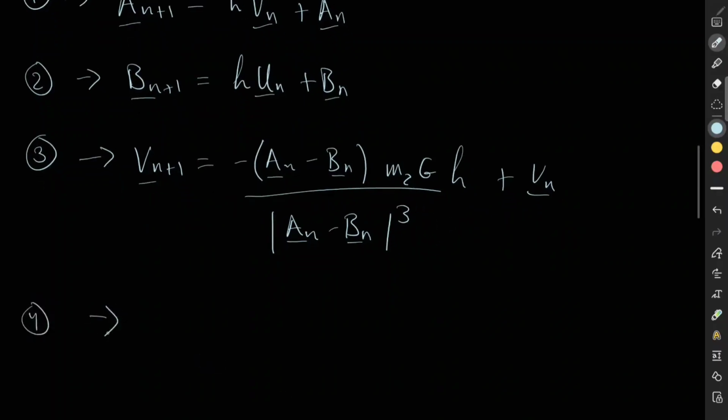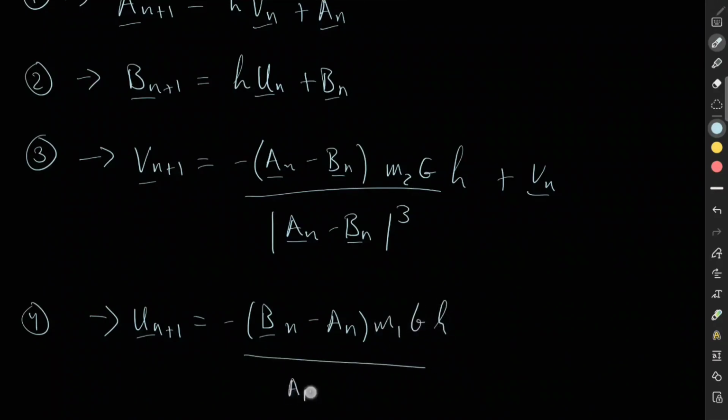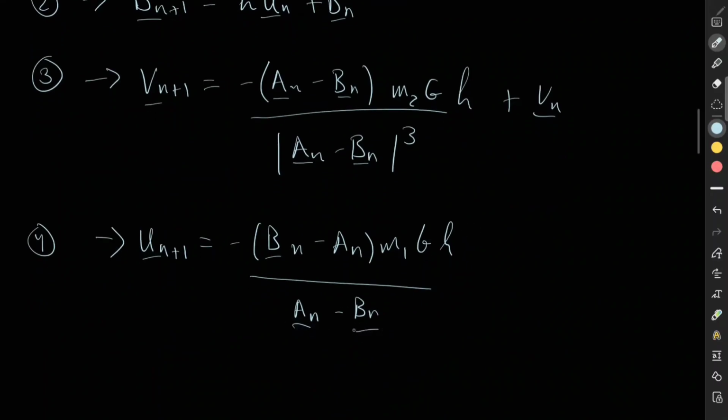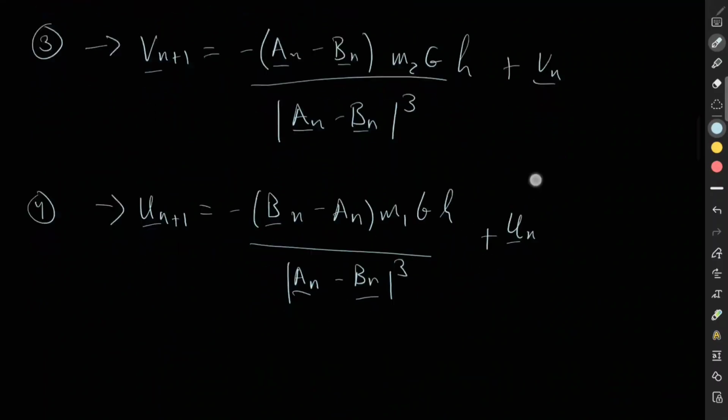And similarly, 4 is u_{n+1} equals minus (b_n minus a_n) m1 G h over the modulus of a_n minus b_n, all of that cubed, plus u_n.